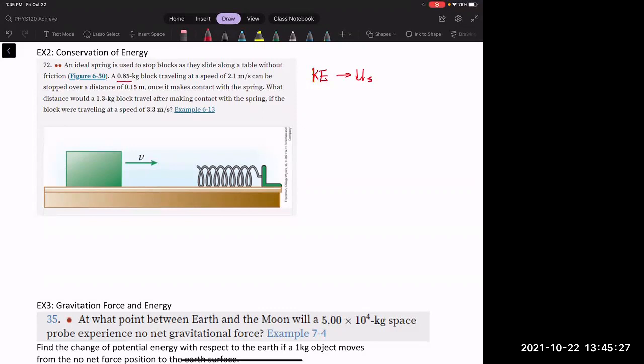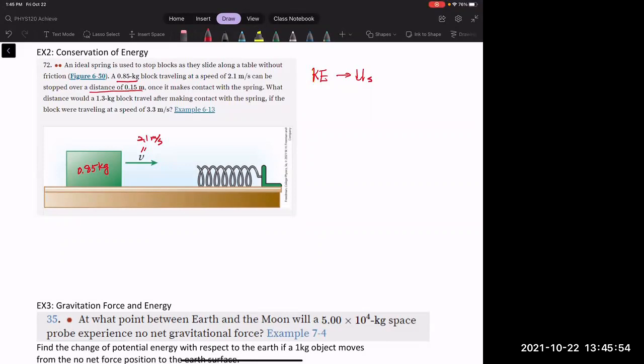They told you 0.85 block, so this is 0.85 kilogram. Kilogram is the unit of the mass. Traveling with a speed which is 2.1 meter per second. So these are the information that's given. Now, the last information they give you is that the spring will stop over a distance of 0.15.